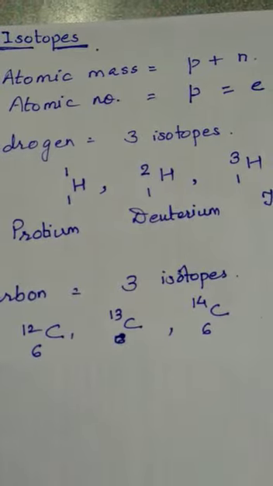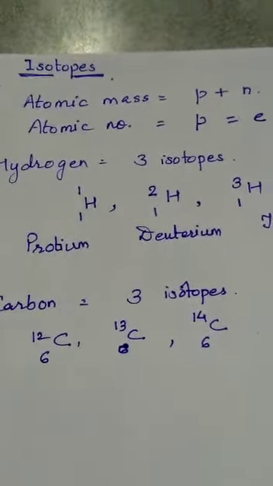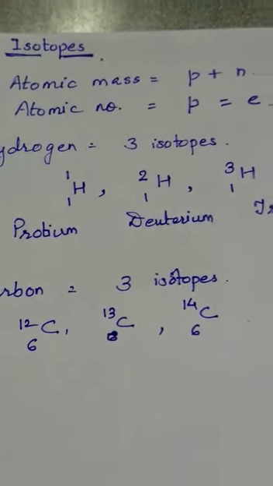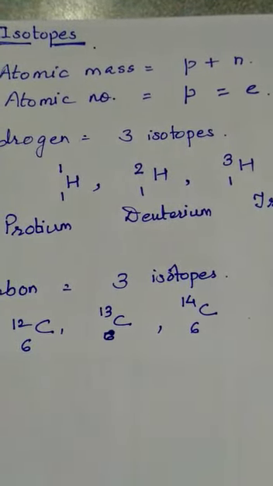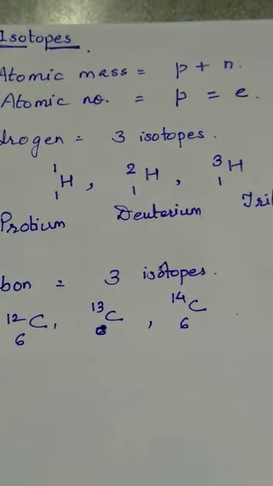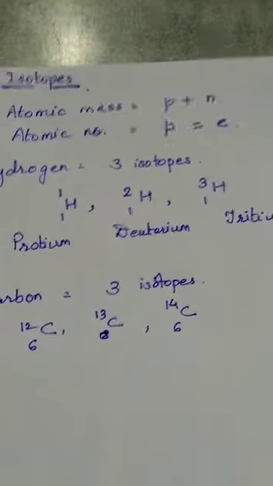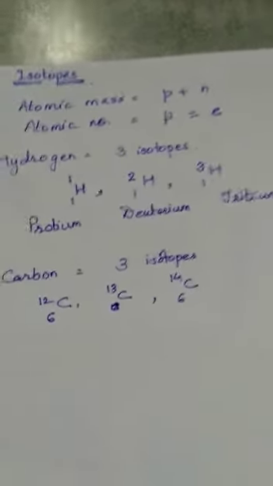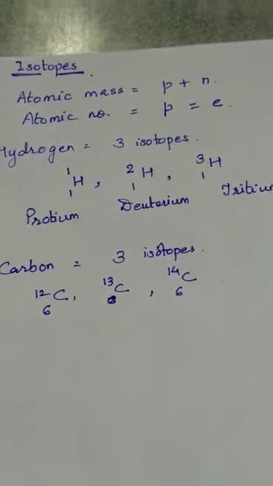But because the mass number is 2, the other kind of particle present in the nucleus, that is the neutron, is also present in some hydrogen atoms with atomic mass 2, which contain one proton and one neutron. So the atomic mass becomes 2. That is called deuterium.